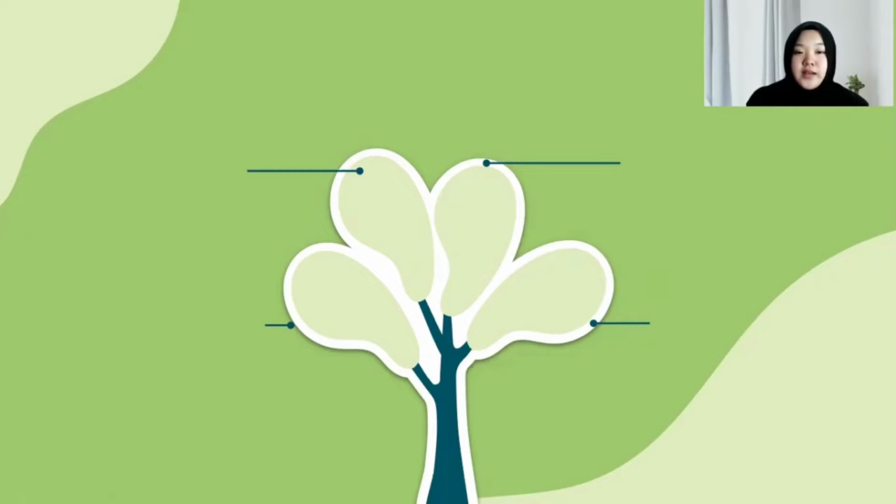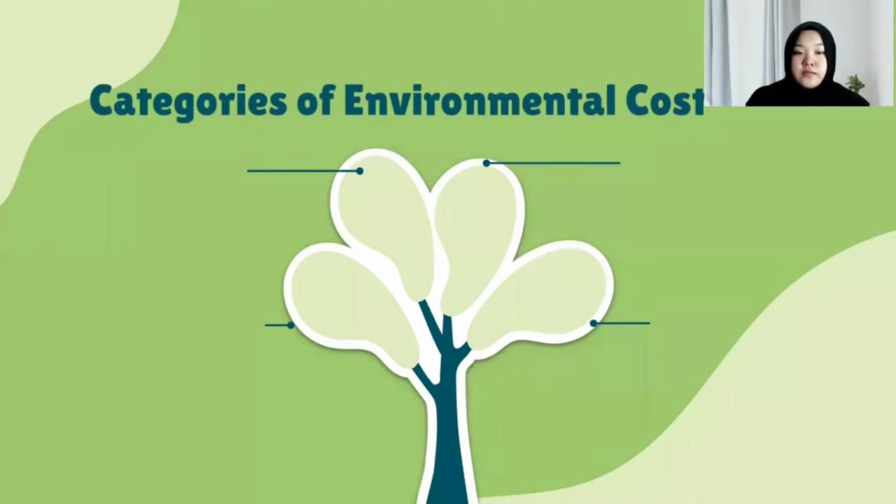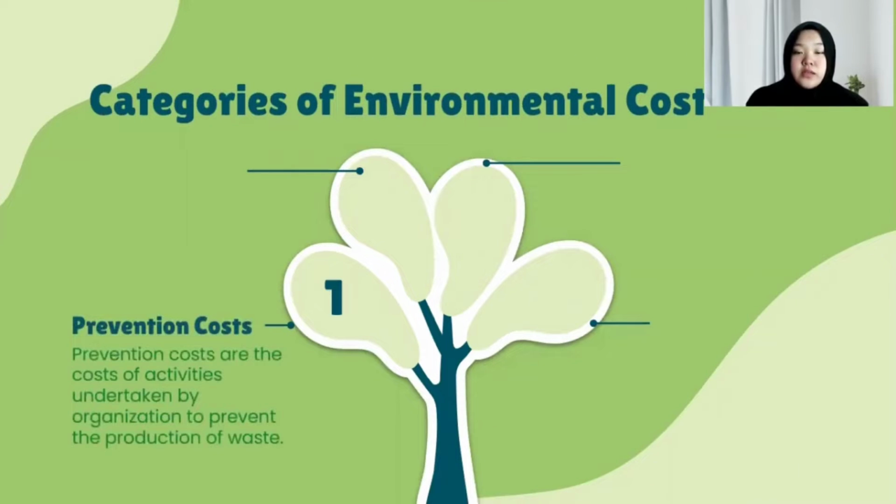Thank you, QISTINA. Hi, my name is FATIHAH binti ANUAR, and I will explain to you the categories of environmental costs. The first one is prevention costs. Prevention costs are the costs of activities undertaken by organizations to prevent the production of waste. Prevention costs represent a company's effort to solve problems before they occur and turn them into opportunities.